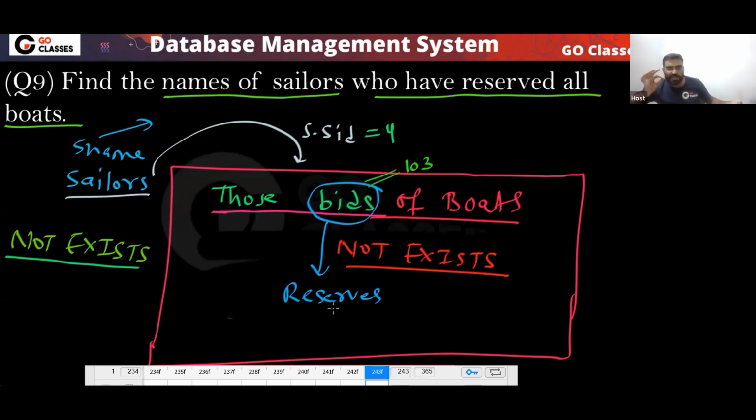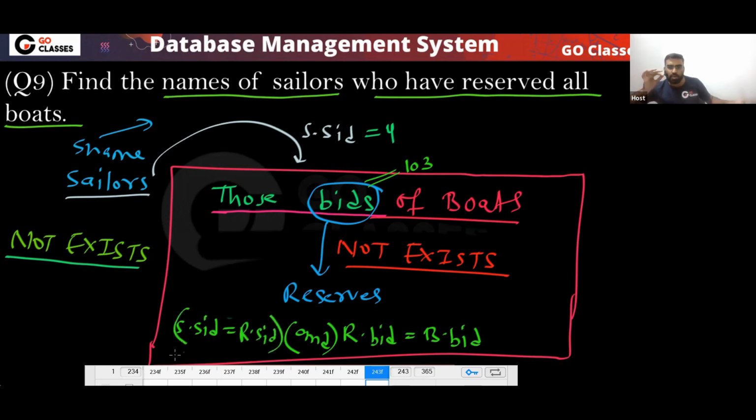I am checking that there should not exist a row where r.bid is equal to this b.bid and r.sid is equal to this SID, meaning this SID has booked. Isn't it interesting? So I am checking the non-existence of this row.